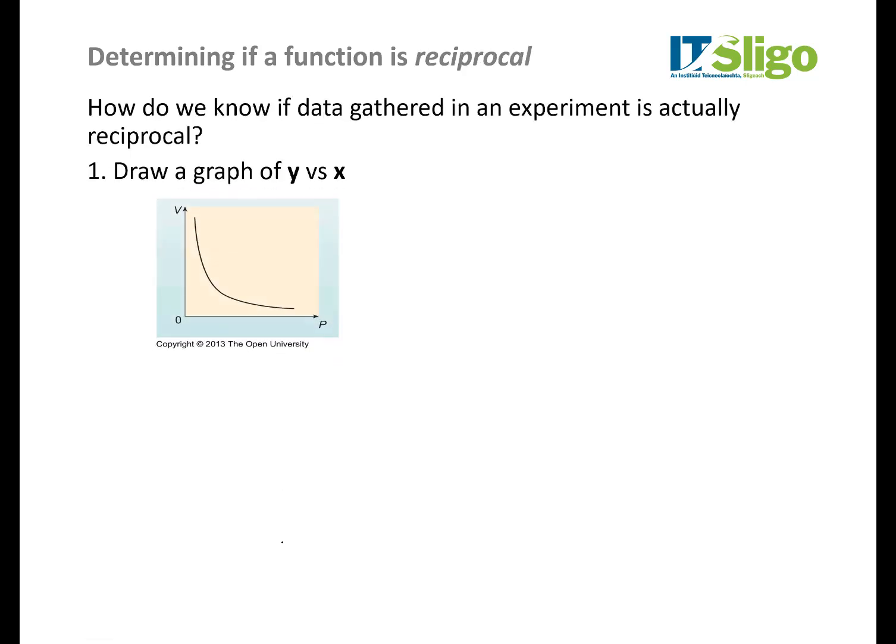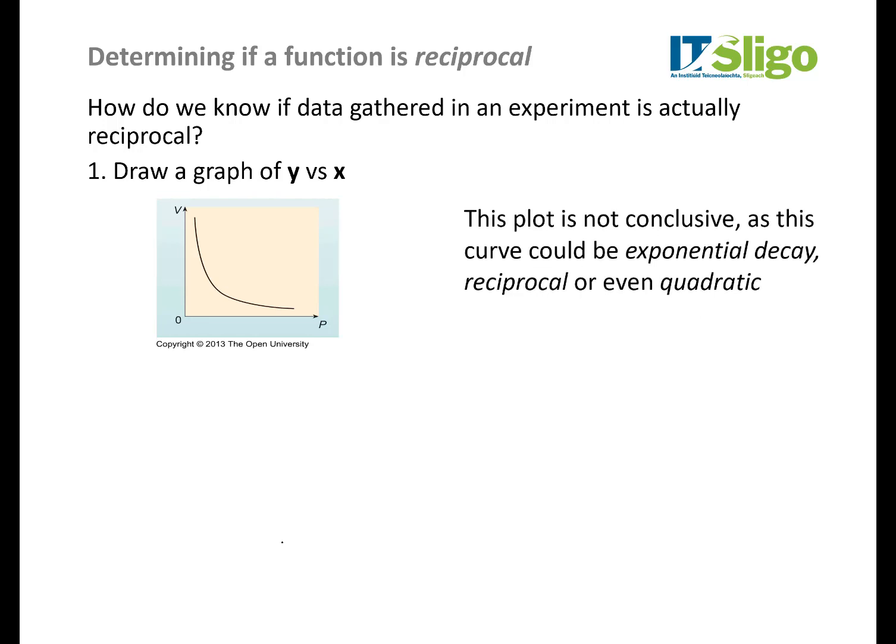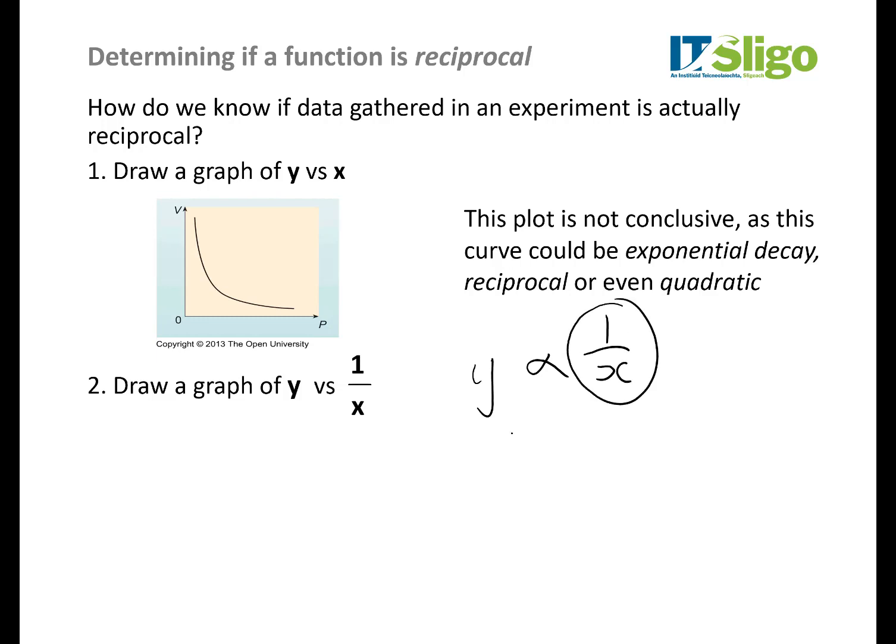How do we know if things are reciprocal? Again, a reciprocal curve could be exponential decay, could even be the left-hand side of a quadratic. But remember, for reciprocal we suspect y is proportional to 1 over x, so that's what we actually plot.